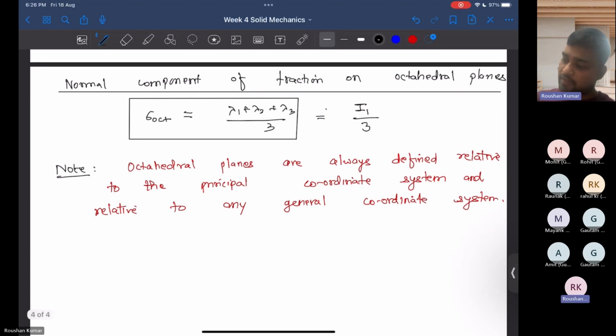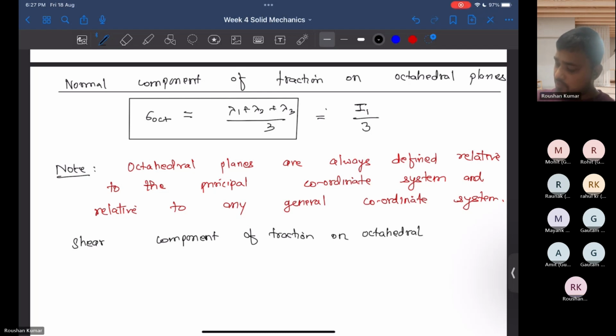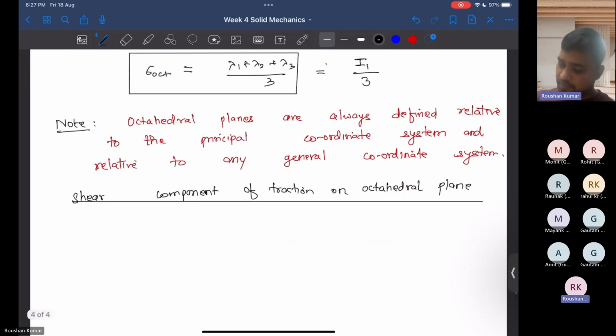The shear component of traction on the octahedral plane is given by root 2 by 3 times the square root of the first invariant of the stress tensor whole square minus 3 times the second invariant.